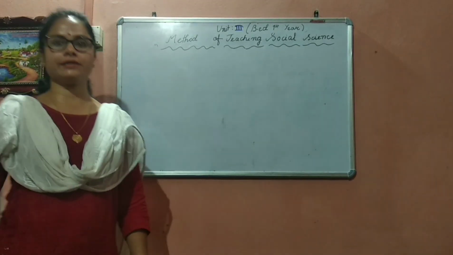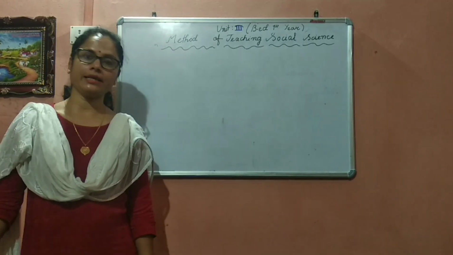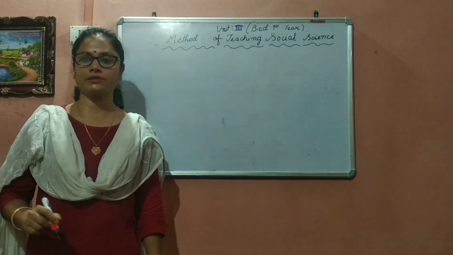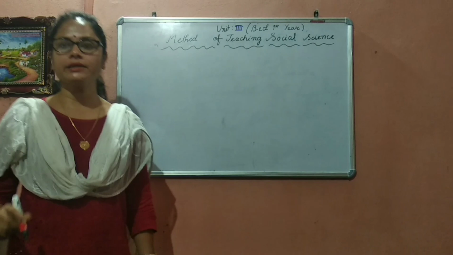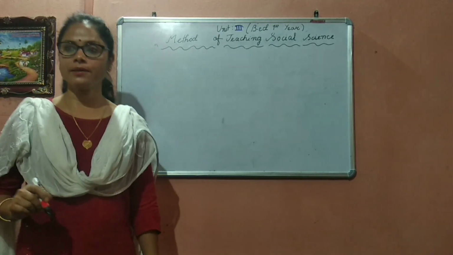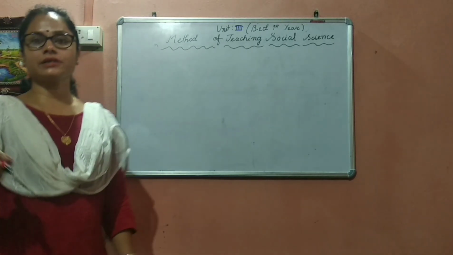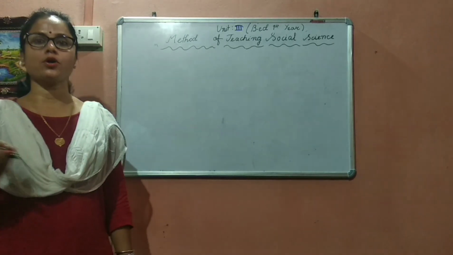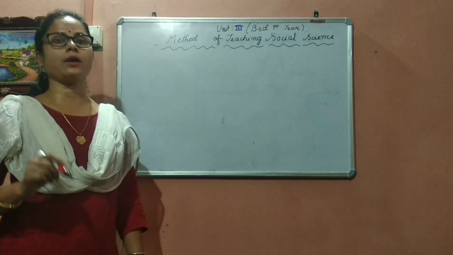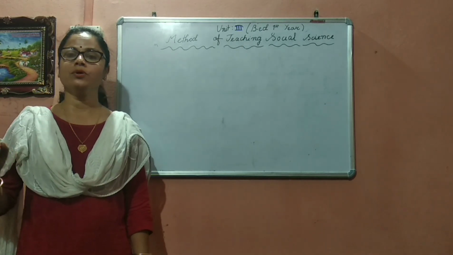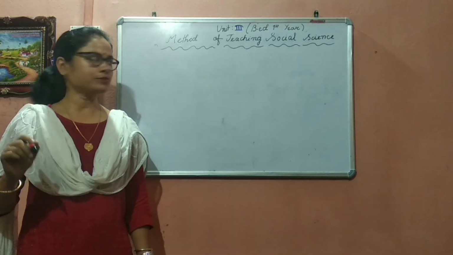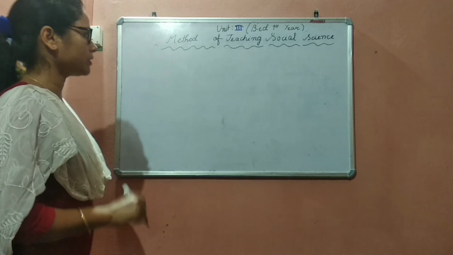The next one is the problem should be intellectually challenging to the students. The problem must be clearly defined. The problem must have some educative value. The next feature is that the children must possess some background of the problem when they are going to discuss it. So these are the main features of the problem solving method.